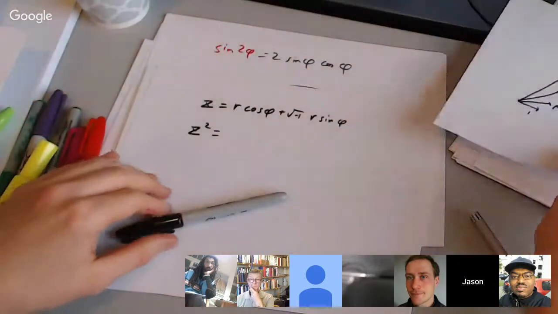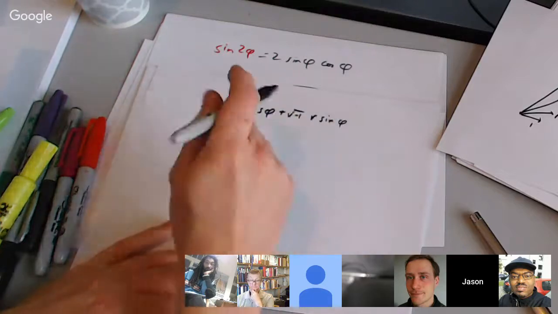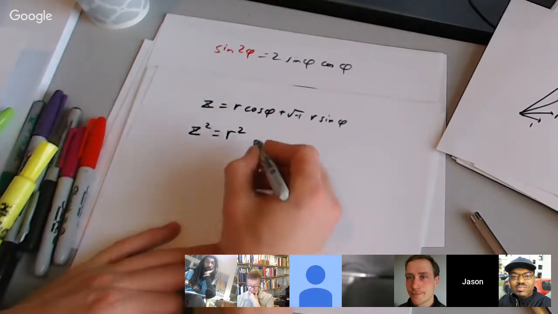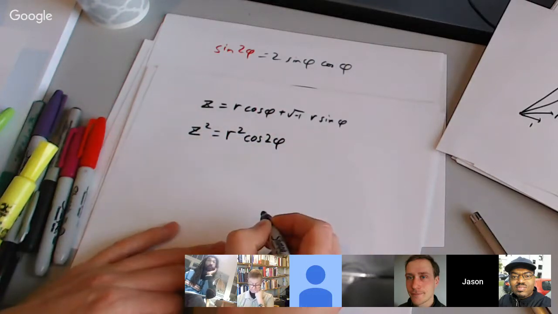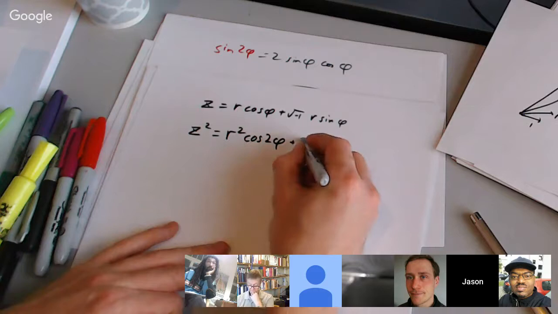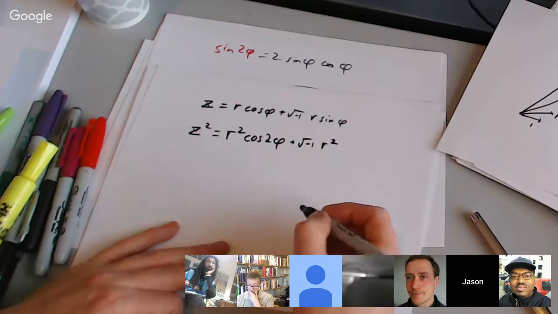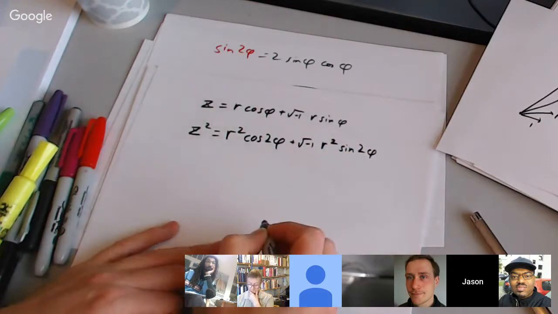So z squared, I'm going to apply that. Whatever it is, it'll have the length squared and the angle doubled.